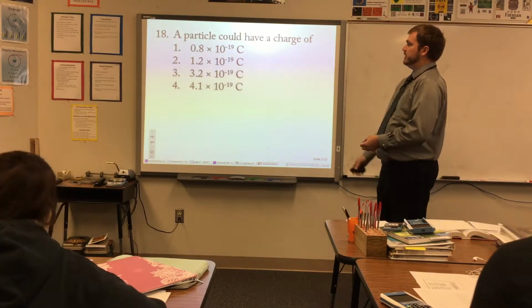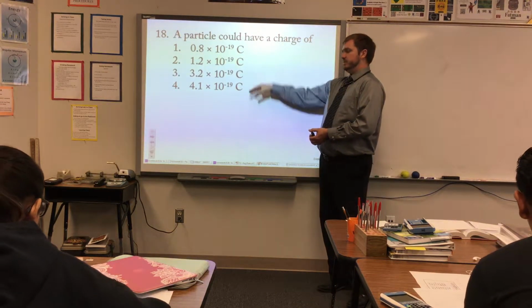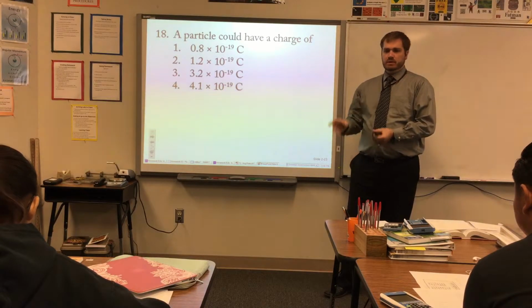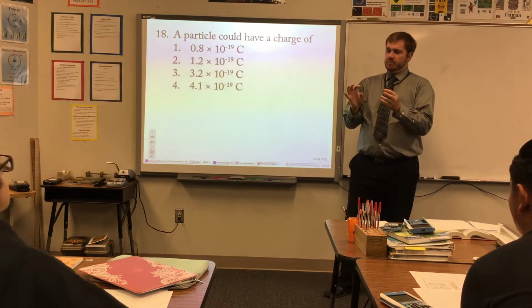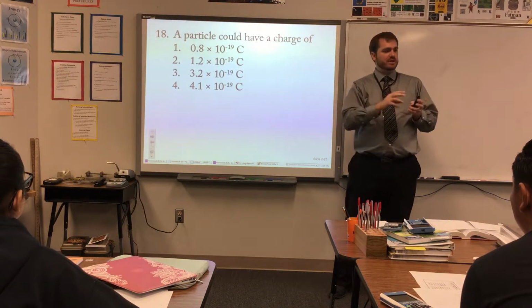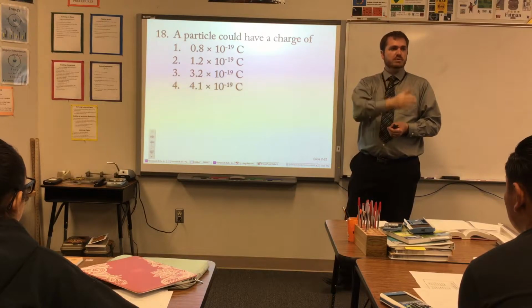All right, let's wrap it up here. A particle could have a charge of this, this, or this. What do you mean it could have a charge? Well, remember, are you allowed to have like 1.5 electrons on something? No. Now, what about 2.5 protons? No. It has to be a whole number of electrons or protons.